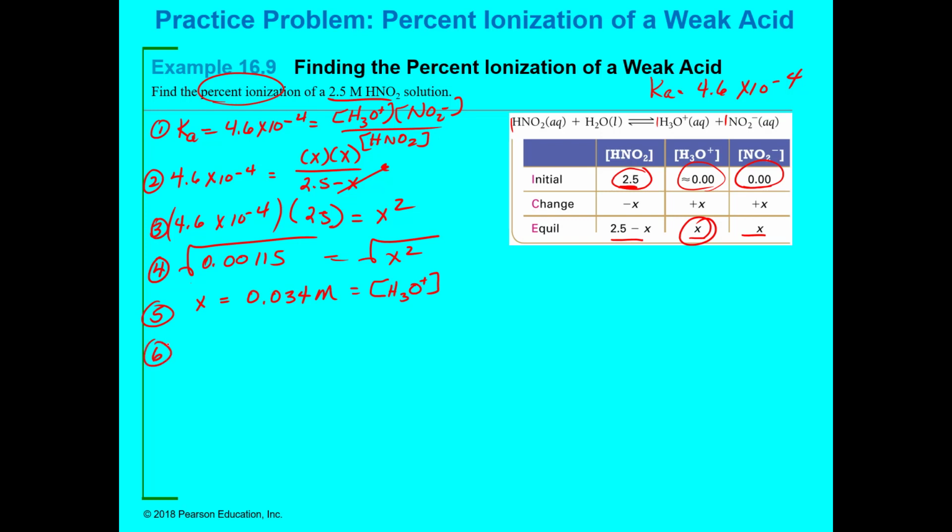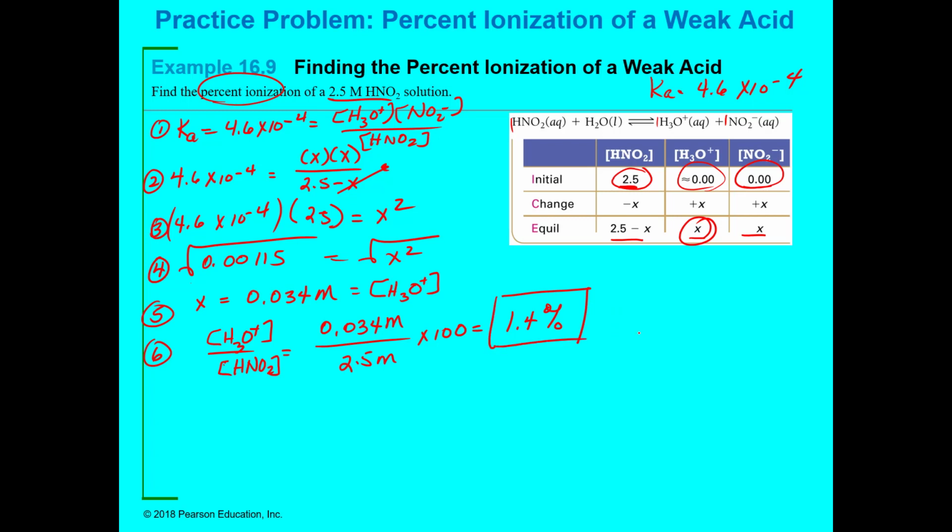And so to get the percent ionization, we've got the H3O plus divided by the HNO2. So that's 0.034 molar divided by 2.5 molar times 100. And that is 1.4% ionization.